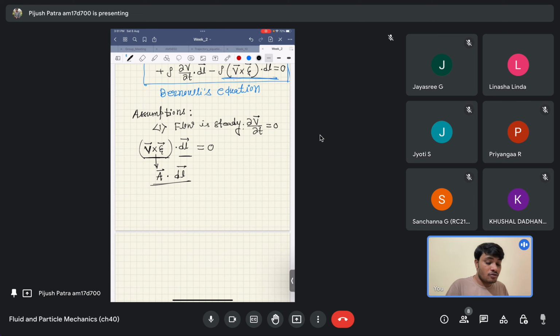And the third simple case is when this xi is equal to 0.